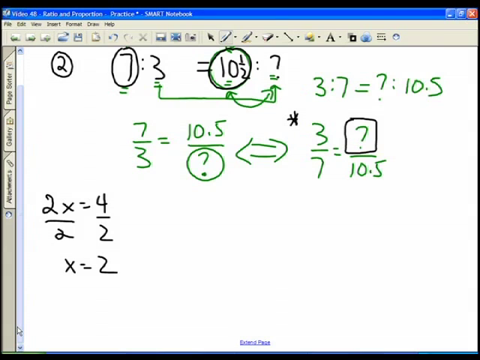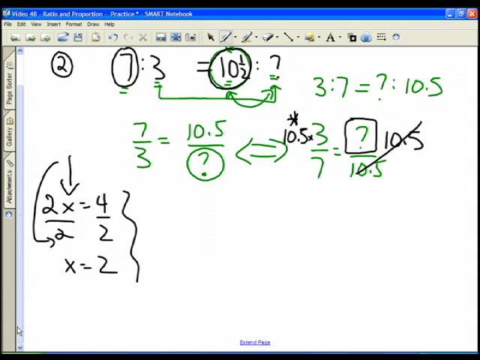Well, now we have, remember this was 2 times x. So to do the opposite operation, we divided. Well, here this says question mark or x divided by 10.5. So does this make sense to you that if you multiply both sides of the equation by 10.5, same idea as dividing here, then we get rid of the 10.5. This is going to accomplish the same thing as cross multiplying.